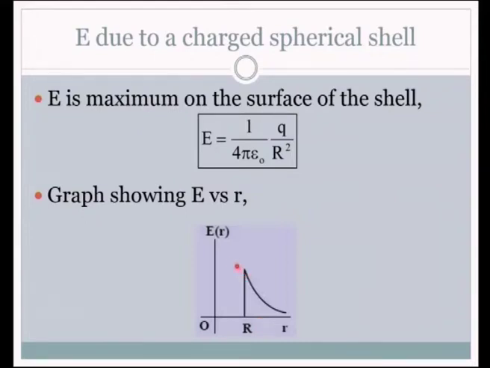This is a graph. The electric field is taken on the y axis, and the distance from the center of the sphere passing through the shell, that is the radius capital R. Inside, the electric field is 0, and on the shell it is maximum, and after that it is inverse squarely decreasing. So, this is the expression for electric field on the surface, because we have written the capital R here.